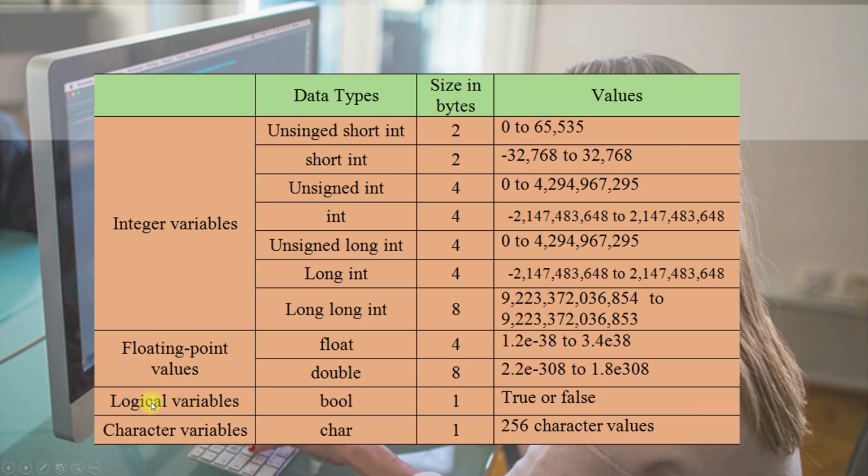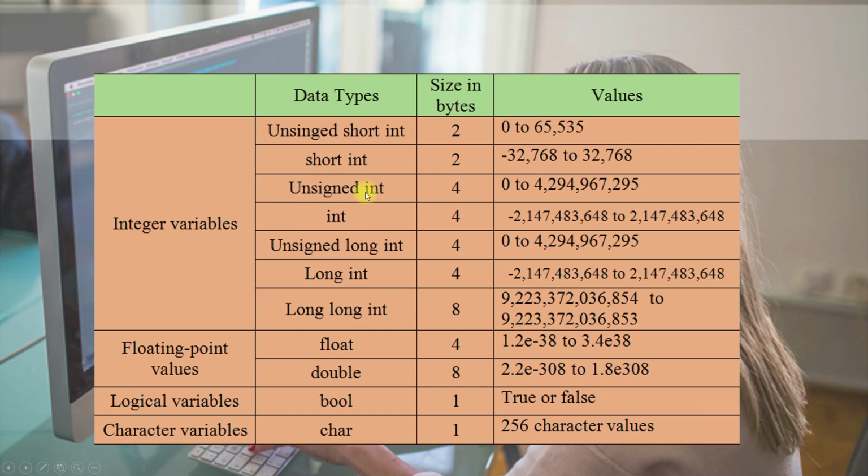And logical variables, those memory places whose data type is what? Logical. Understood? And they are like them. For integer variables, we have different data types, like unsigned short integer, which occupies only 2 bytes of memory in your RAM. The next one is short integer, which occupies only 2 bytes of space in your RAM.